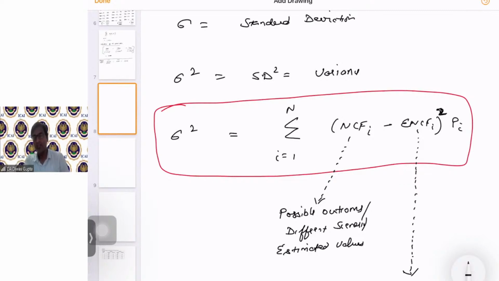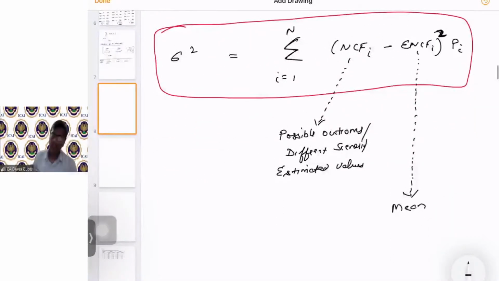I will again try to explain it through example. But what I'm trying to register in all your minds is, if we don't do the raised to the power 2, then what will happen? The negative deviation will offset with the positive deviation because ultimately you're taking a summation, correct? And we don't want that.